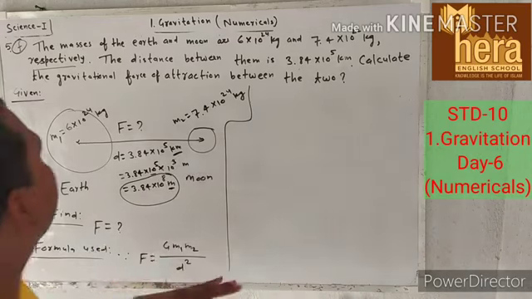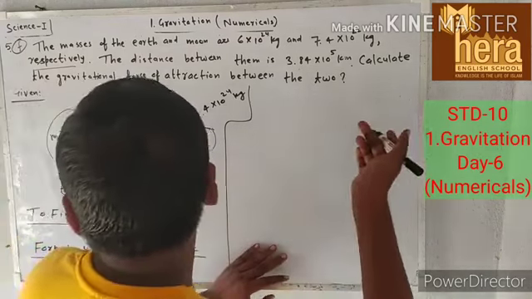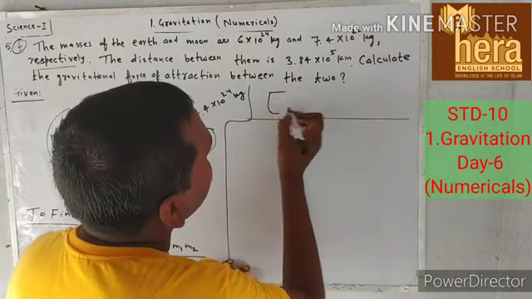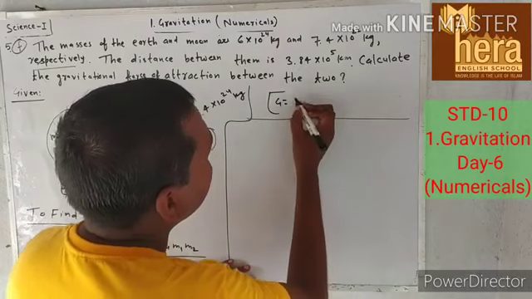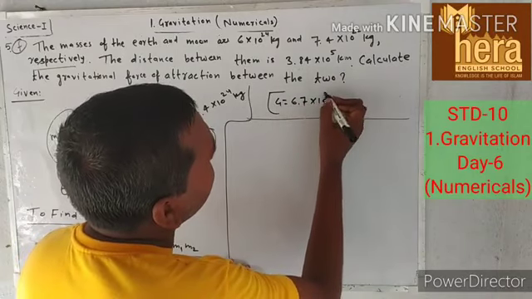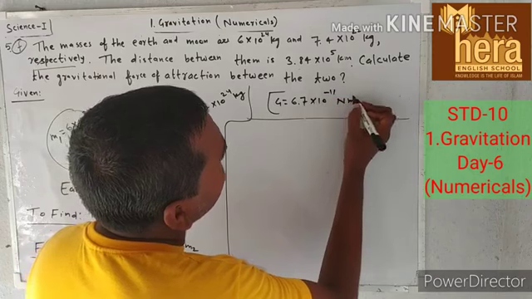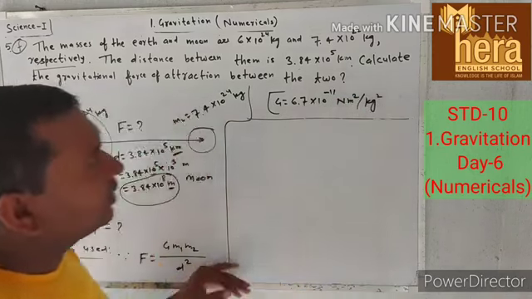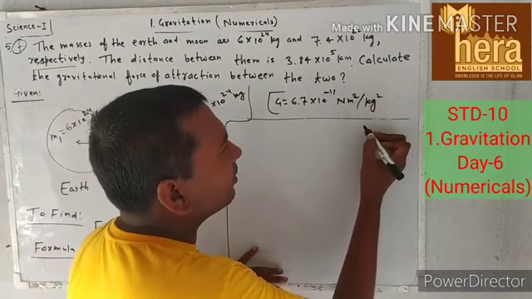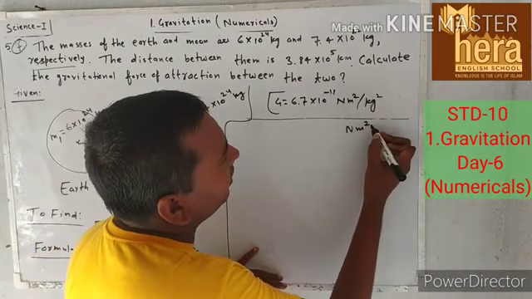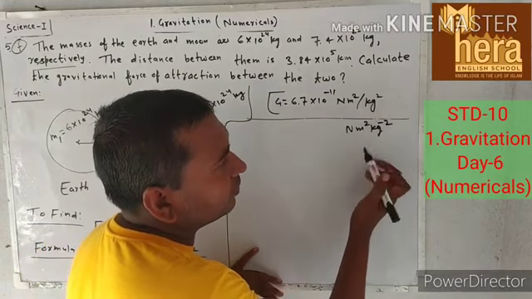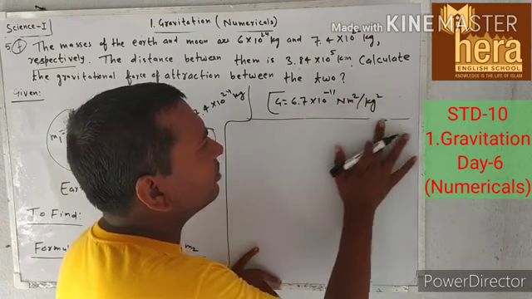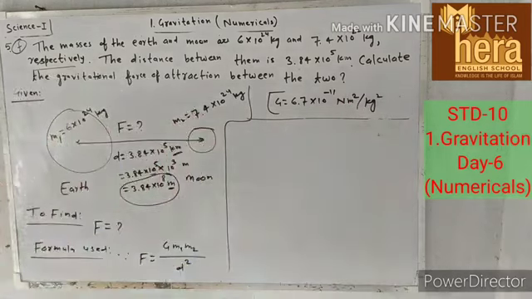Actually in these questions the value of G is given, that is G is equal to 6.7 into 10 raised to minus 11 Newton meter square per kg square. If you don't write per kg square, then you have to write Newton meter square kg minus 2. So I am writing here Newton meter square per kg square. So this is given.